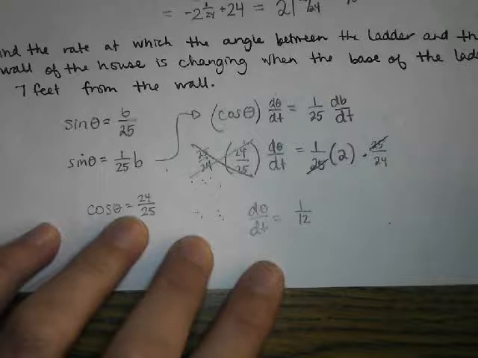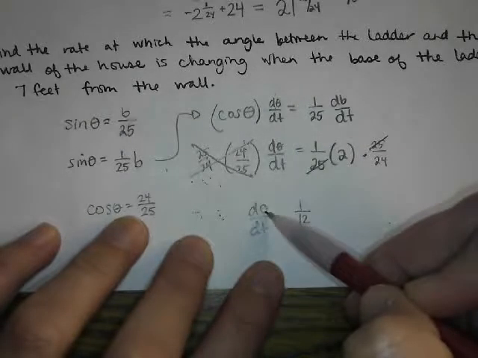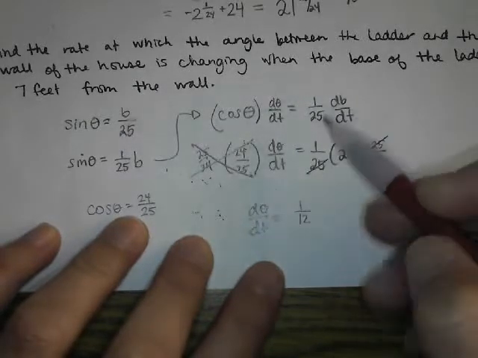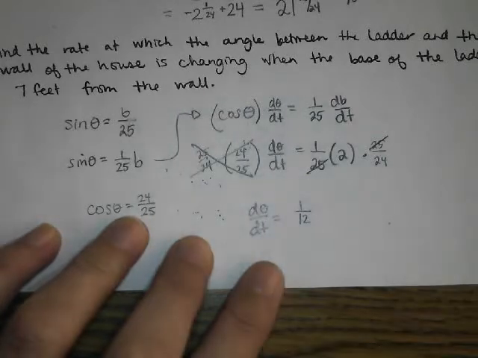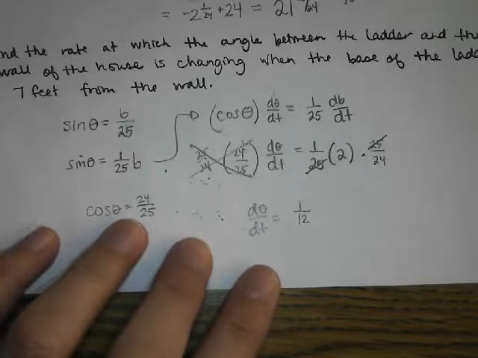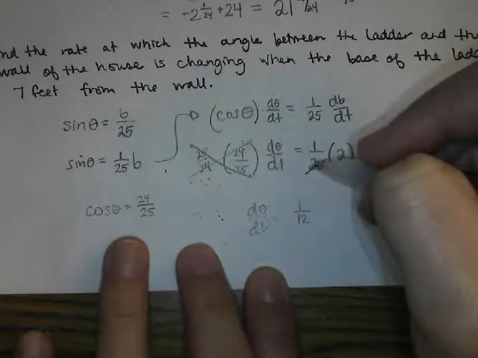Angles are measured in, I would say, radians, although it doesn't say. I put radians. I think the default is radians.